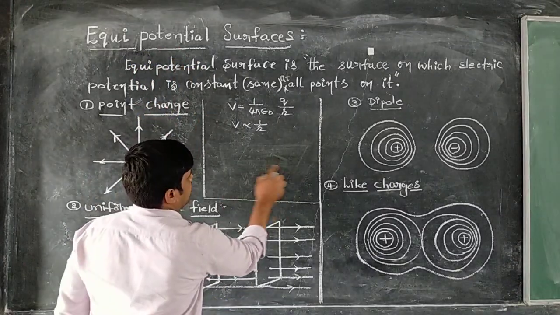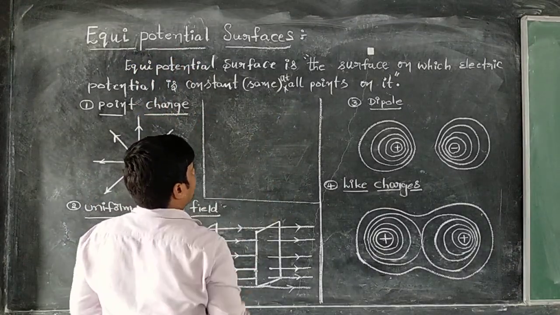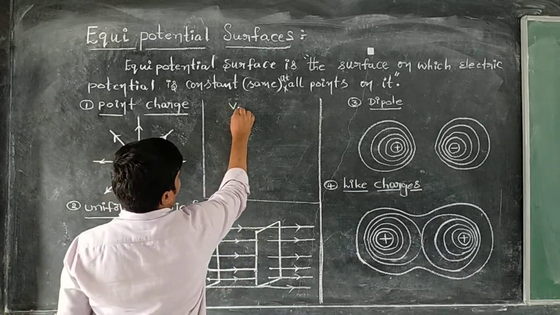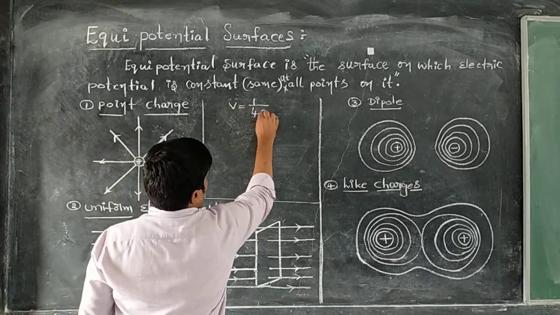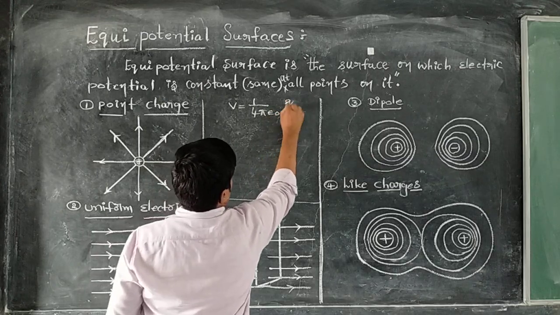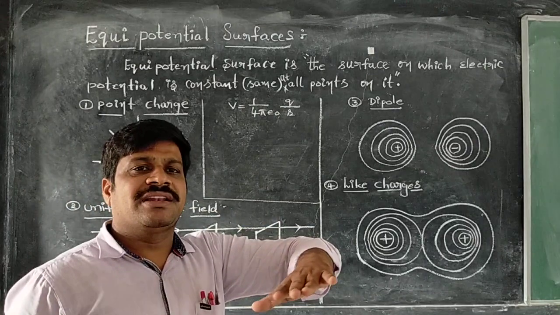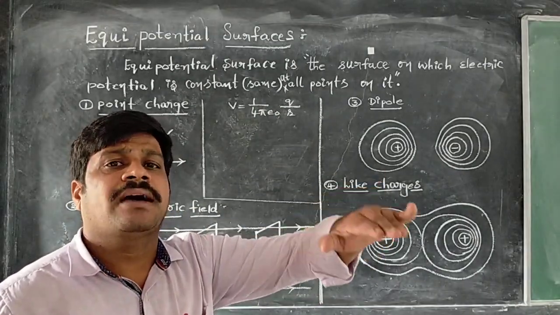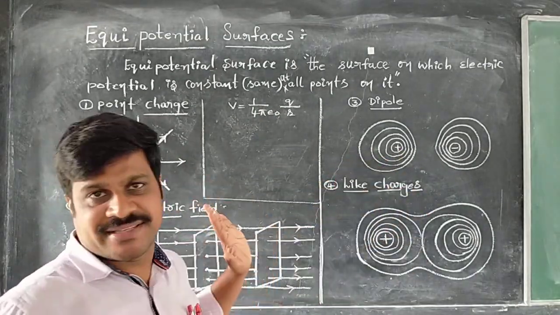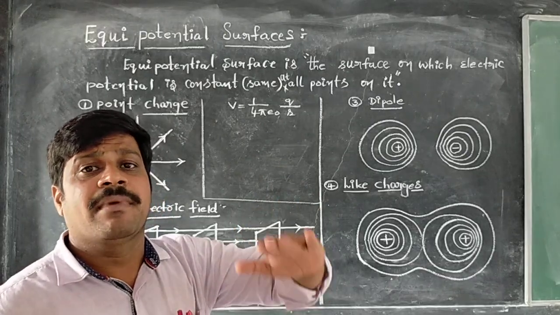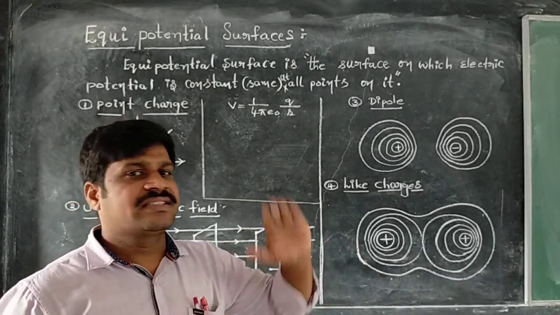This is about the equipotential surface. Just now I told V is equal to 1 by 4 pi epsilon naught q divided by r. An equipotential surface means the potential is the same at all points on the surface.